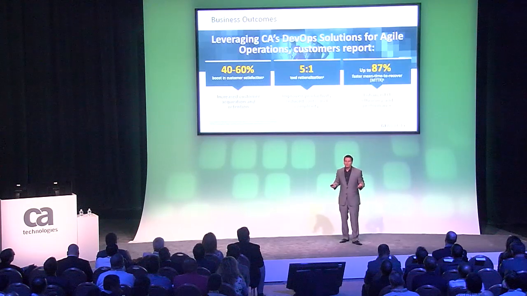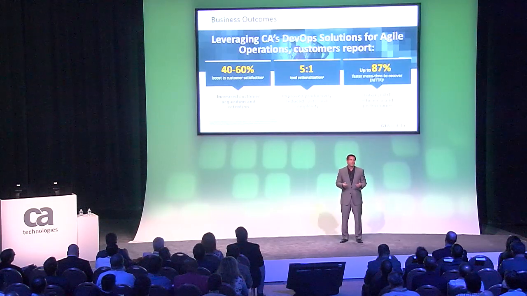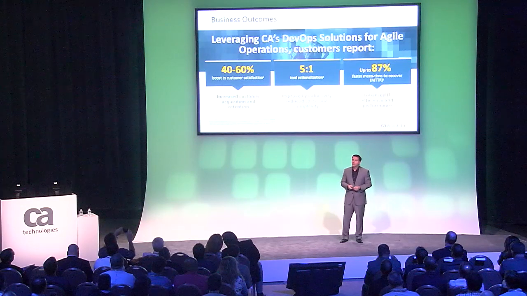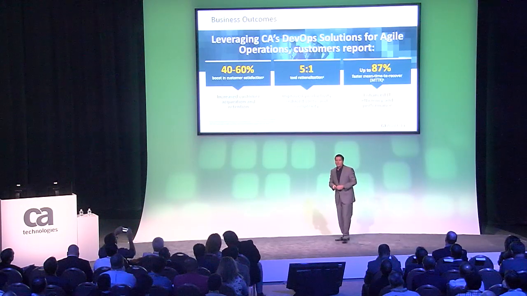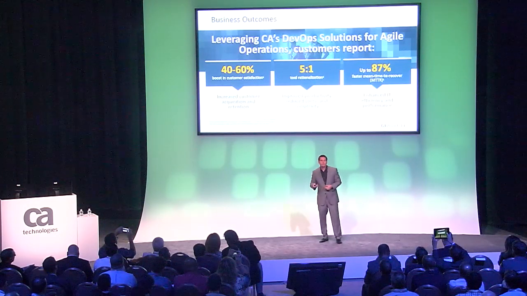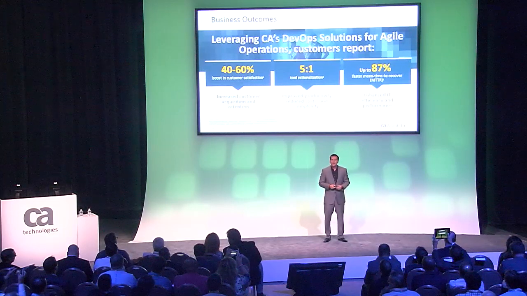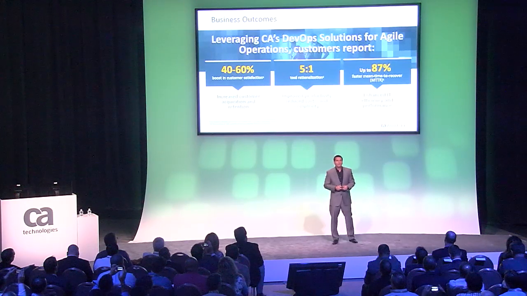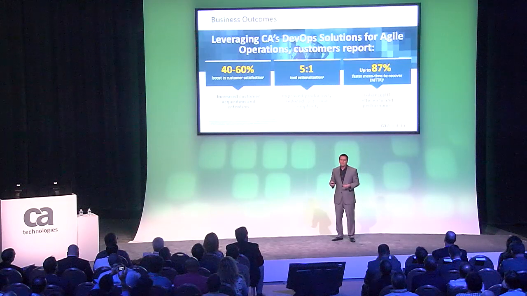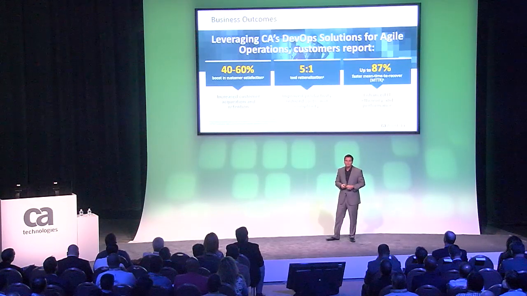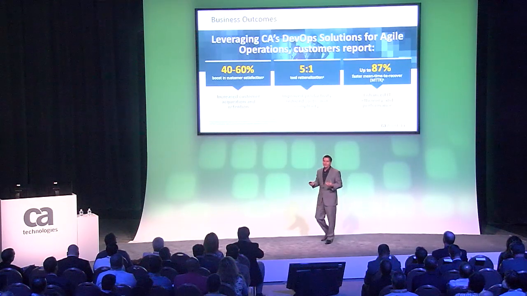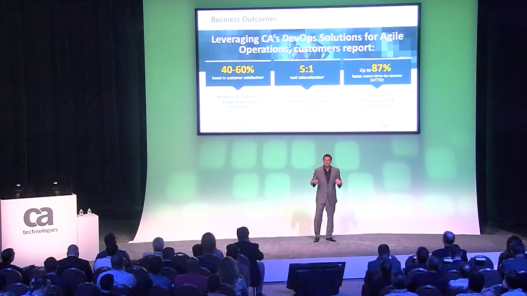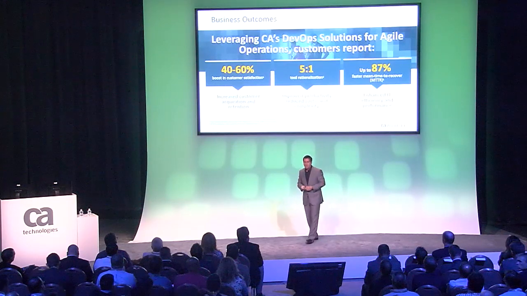So improved customer experience and productivity, reduced costs, and higher performing, more efficient IT are a few examples of outcomes that our APM and UIM customers have shared with us. One of our APM customers, a consumer credit reporting agency, reported a 40 to 60% boost in their customer satisfaction. Now they're using our integrated cross-enterprise APM solution for both their distributed and their mainframe environments.